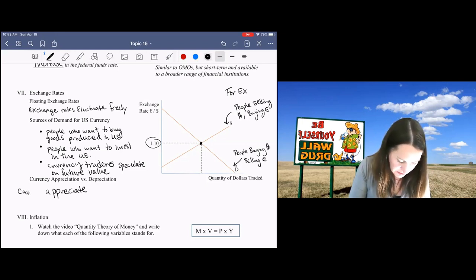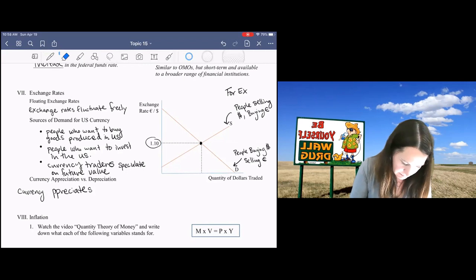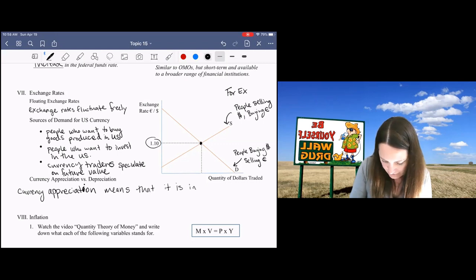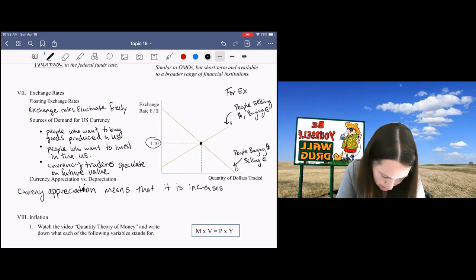When a currency appreciates, appreciation means that that currency is increasing in value relative to other currencies.